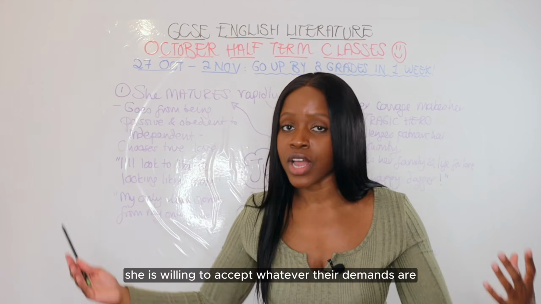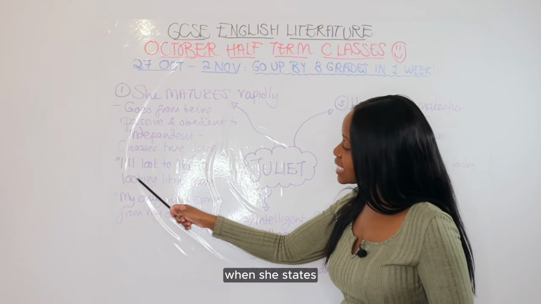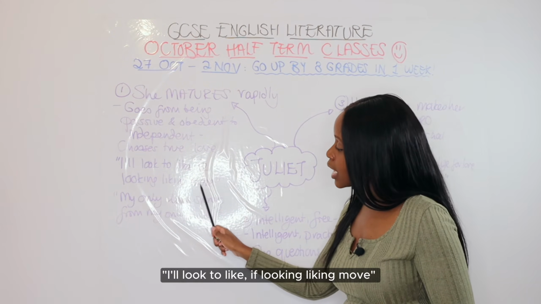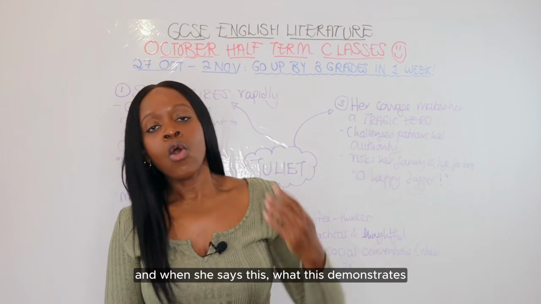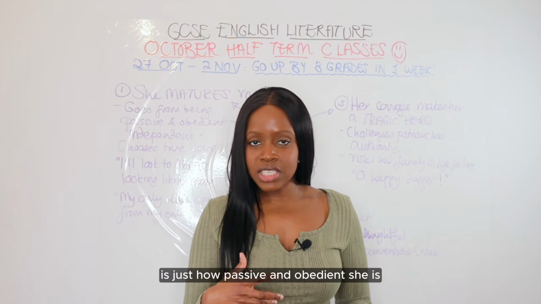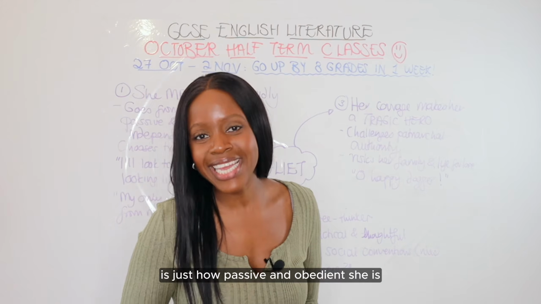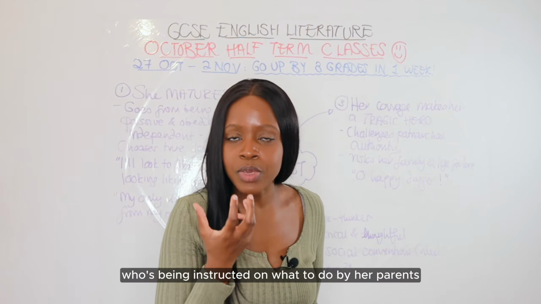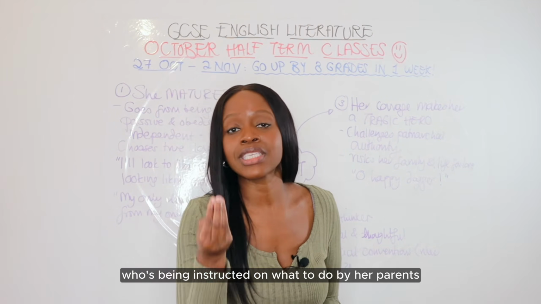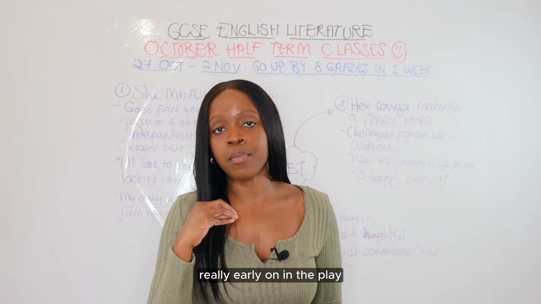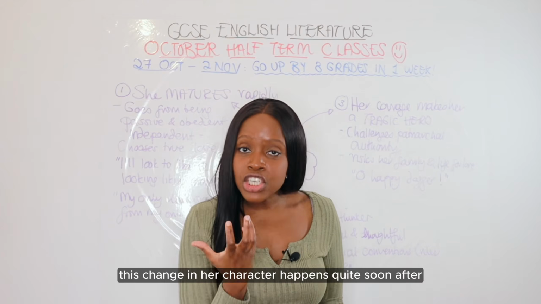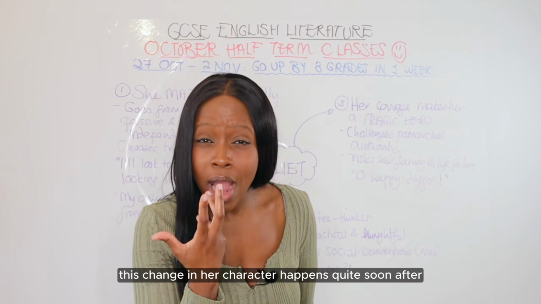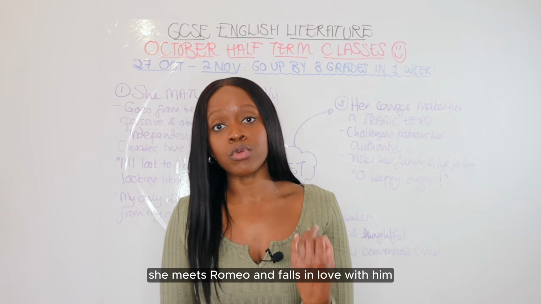And she shows that she's quite passive. She is willing to accept whatever their demands are when she states, "I'll look to like if looking liking move," okay? And when she says this, what this demonstrates is just how passive and obedient she is. She's almost like this child who's being instructed on what to do by her parents really early on in the play before she meets Romeo. And this change in her character happens quite soon after she meets Romeo and falls in love with him.